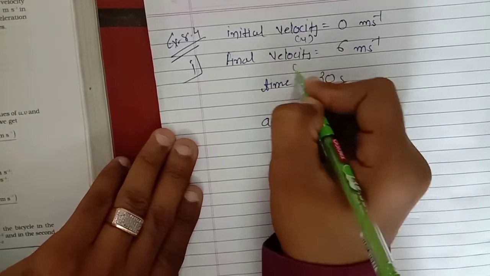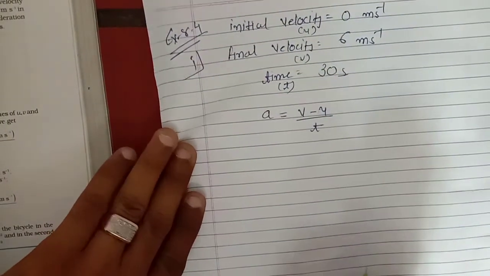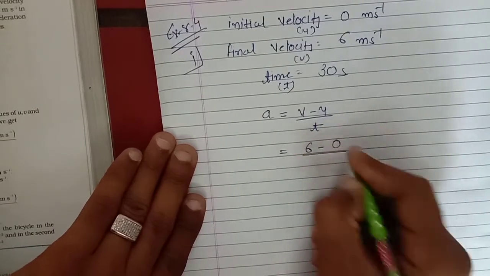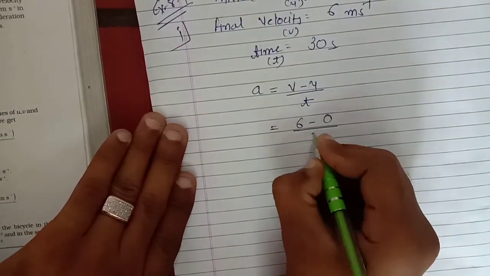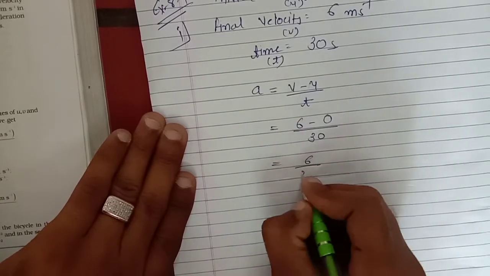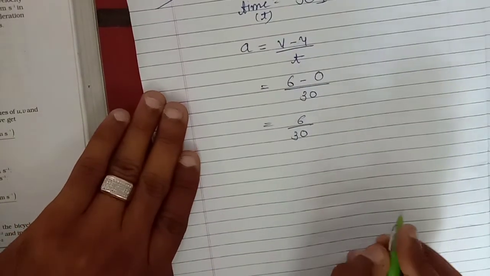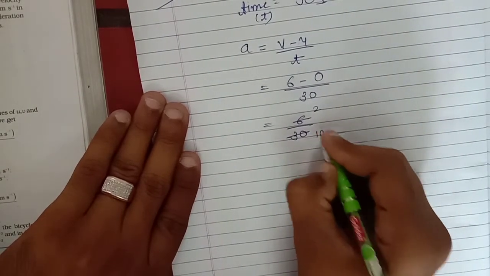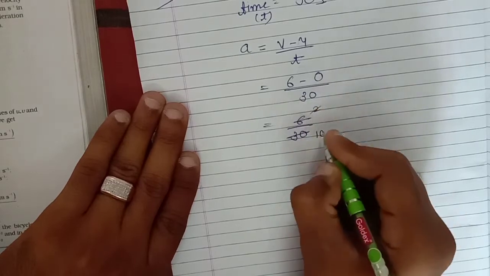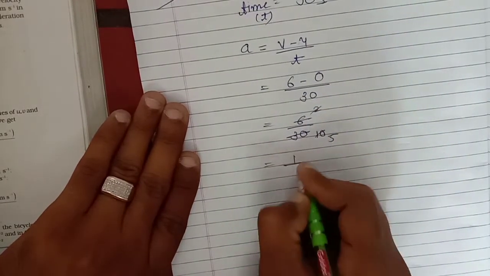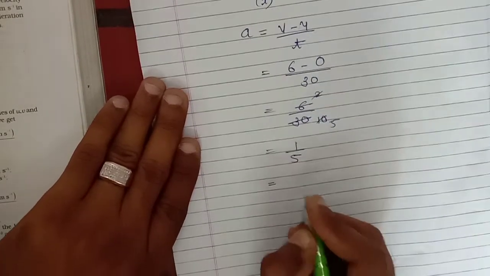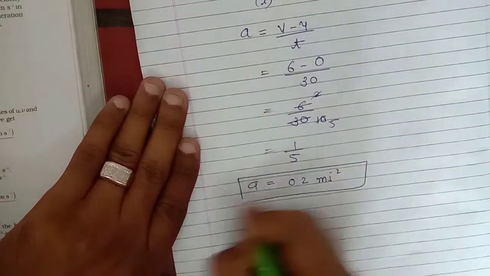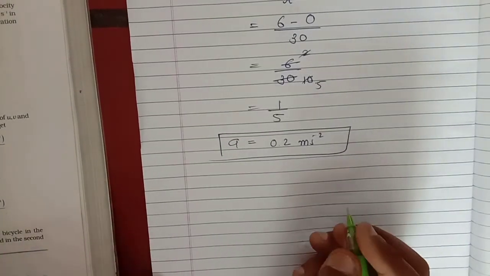This is u, this is v, and this is t. Final velocity 6 minus initial velocity 0 upon time taken, 30. So 6 upon 30. You divide: 6 fives are 30, or you can also cut it, 1 upon 5. So it is 0.2 meter per second square. This is the acceleration for the first case.